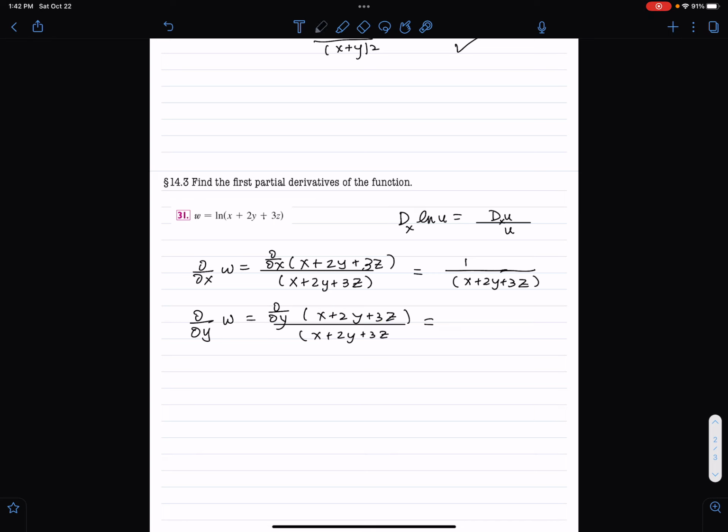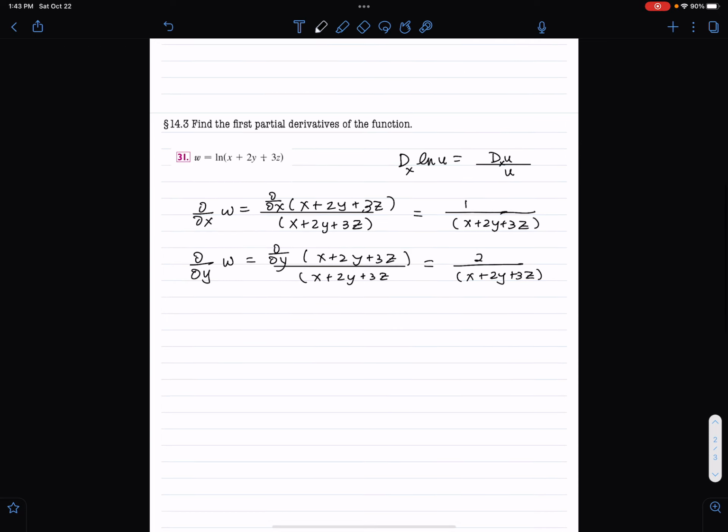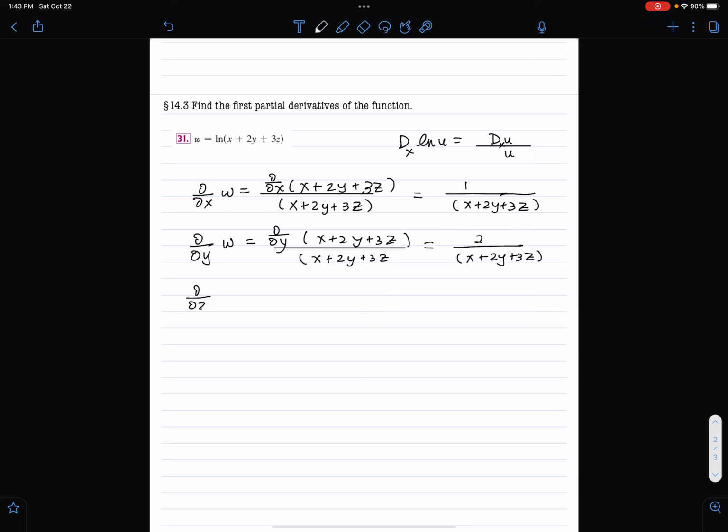It's just the derivative of 2y, and that gives 2. So it looks like for this problem, I just look at that coefficient. So moving ahead here, this is the derivative with respect to z, x plus 2y plus 3z, all divided by x plus 2y plus 3z. So we look at that coefficient of z.